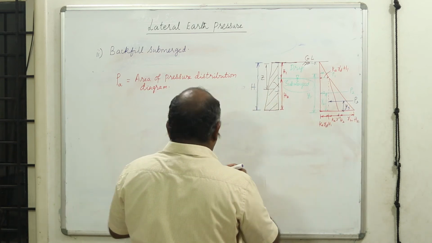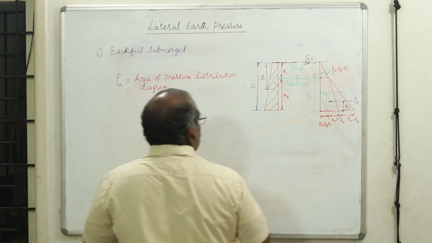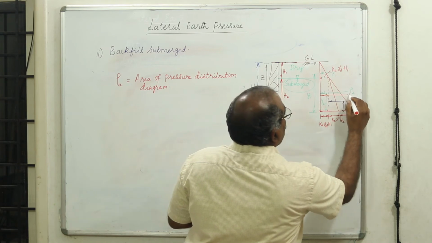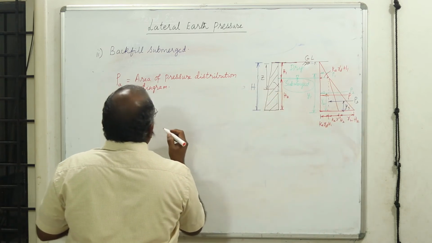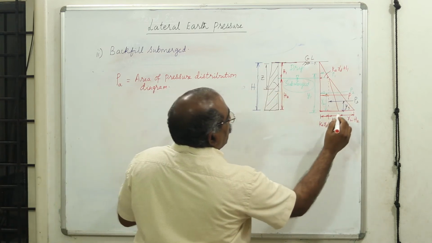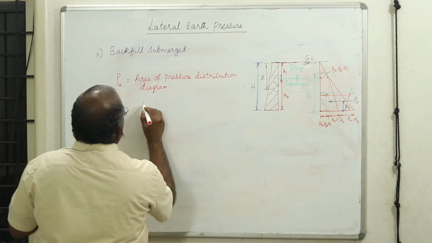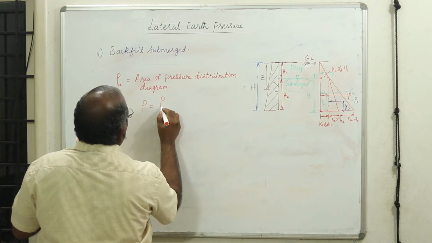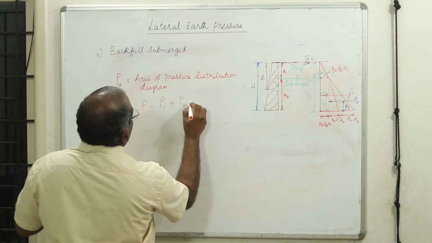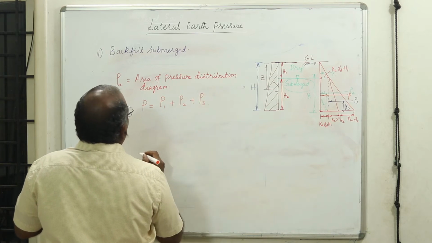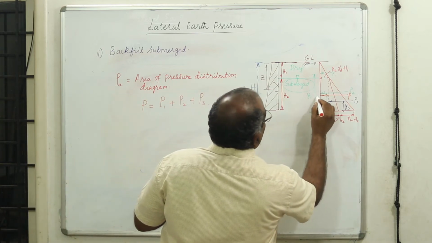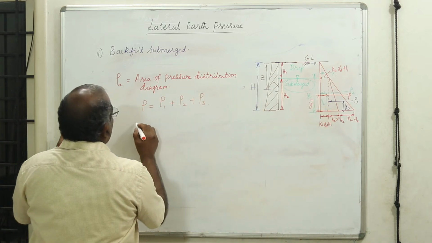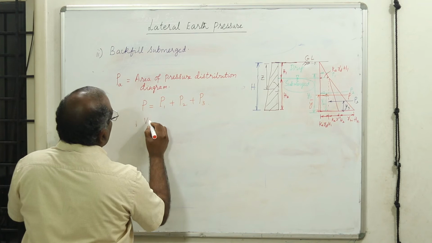Now we need to find out the total thrust. To get the total thrust, this is P. Now we'll have to sum up this. The total thrust is equal to PA or P is equal to P1 plus P2 plus P3. Now to find out the location, which is called Y bar, I use Varignon's theorem of moments.